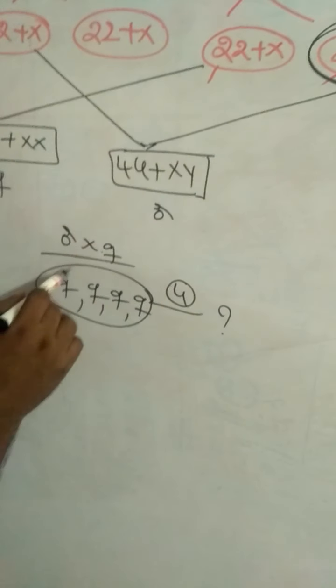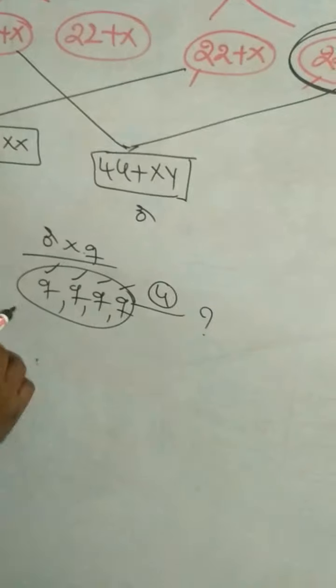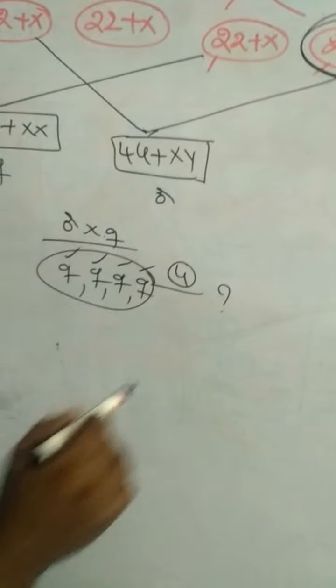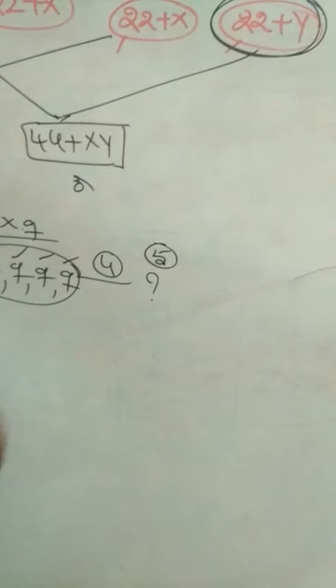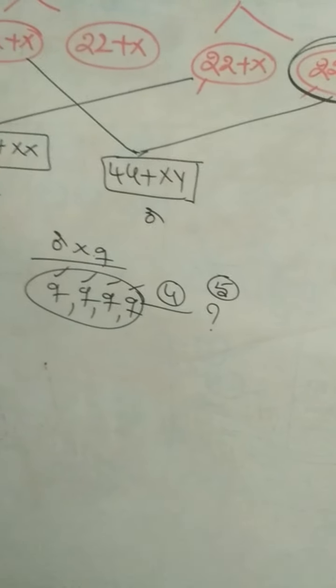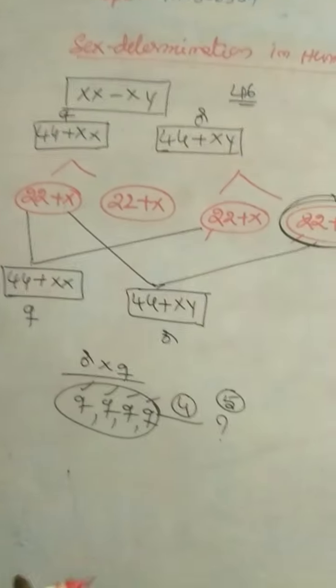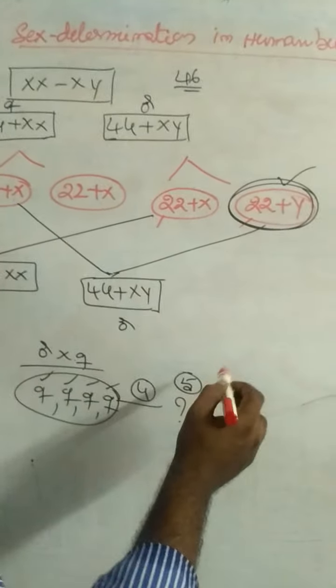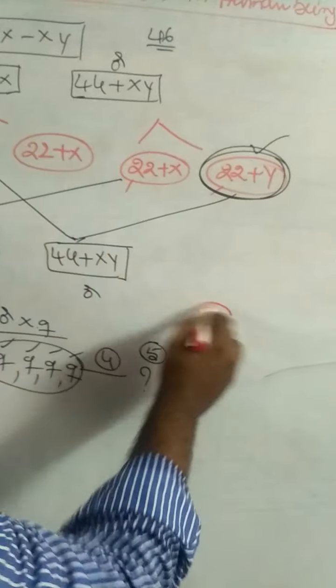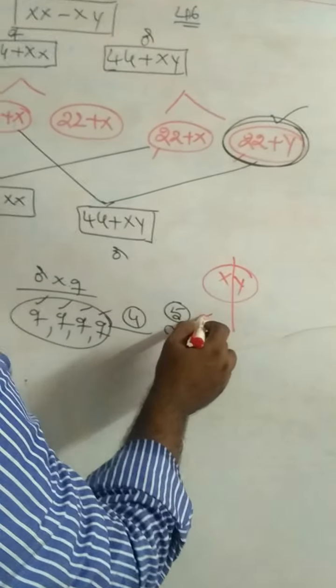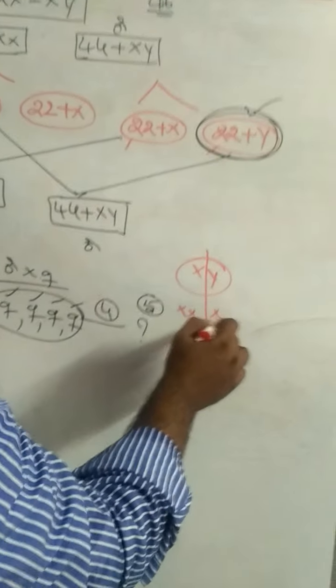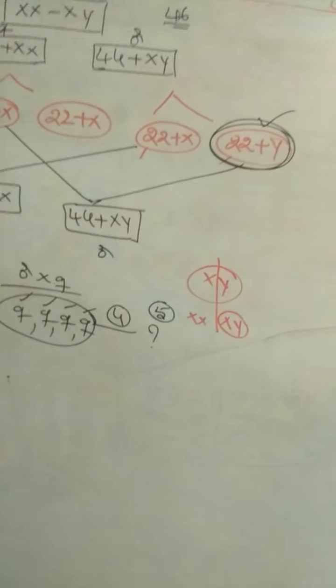That means first, second, third, fourth are daughters. Will the fifth one be male or female? In this type of sex determination method, the XX-XY method, males contain XY. There is a 50% chance for female and a 50% chance for male.